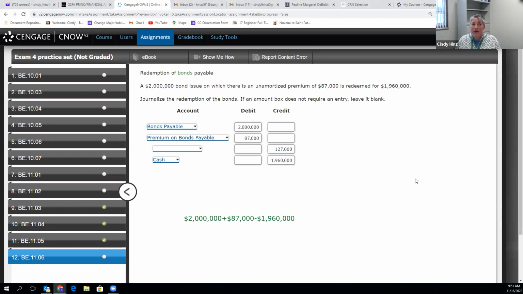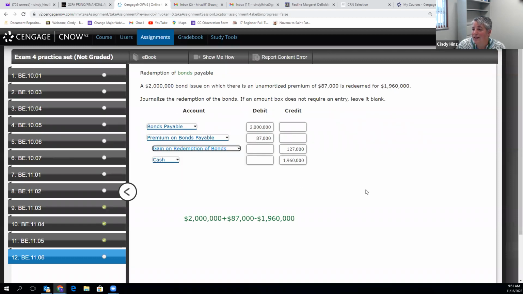So if the carrying value, if our books are showing that we have a liability of $2,087,000, but we only have to spend $1,960,000 to retire those bonds, that's a gain. That's a win for us, right? We didn't have to pay off the full amount of that bond issue.